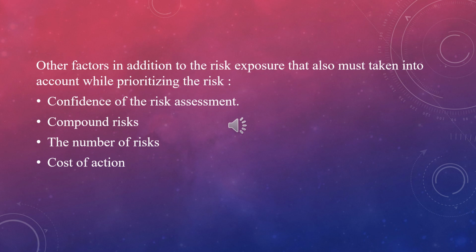Some risks can be reduced or avoided immediately with very little cost or effort, and it is sensible to take action on these regardless of their risk value. For other risks, we need to compare the cost of taking action with the benefits of reducing the risk.